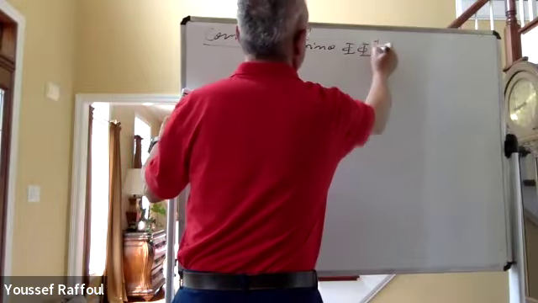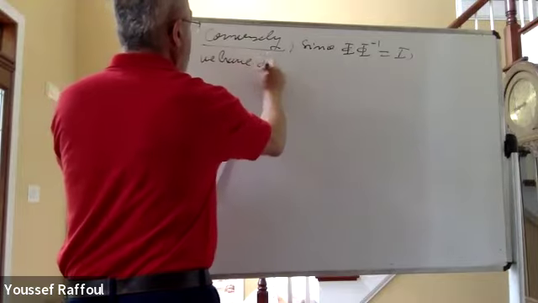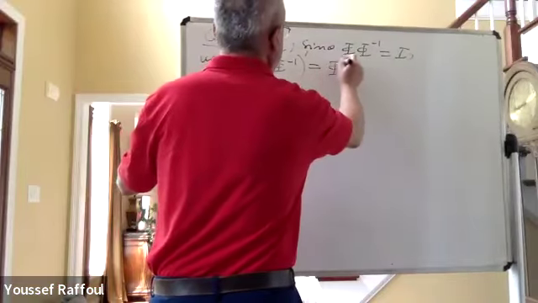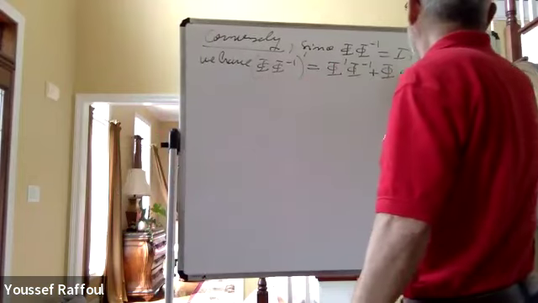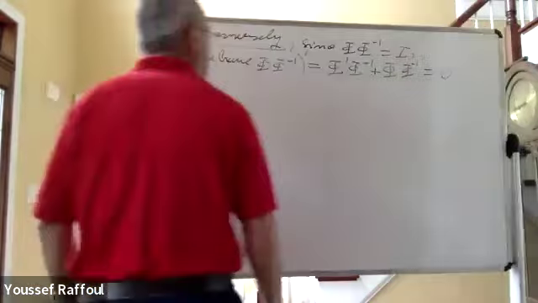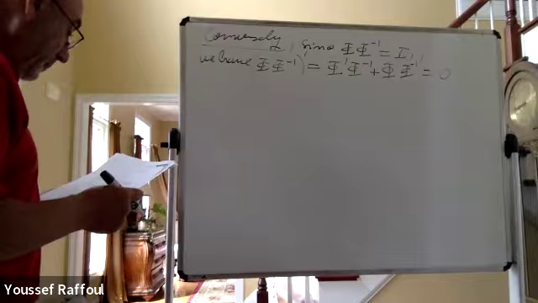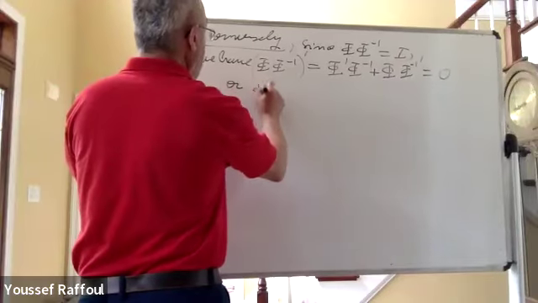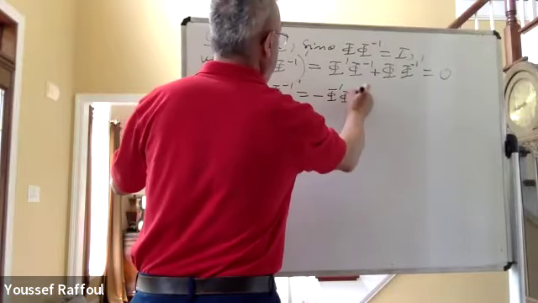since phi inverse phi equals I, we have (phi inverse phi)' equals phi inverse' phi plus phi inverse phi', and that is equal to 0. So phi inverse' phi equals negative phi inverse phi'.